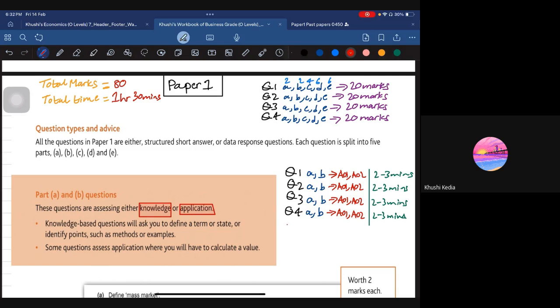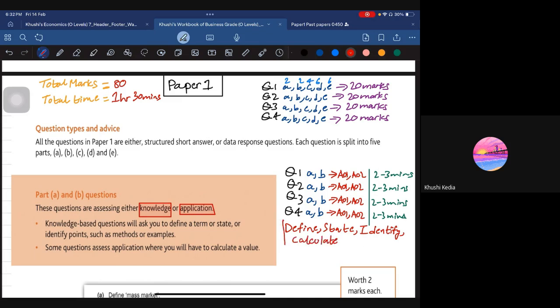So they could ask you basically to define, state, identify, or calculate. Agreed? Yes, sir.